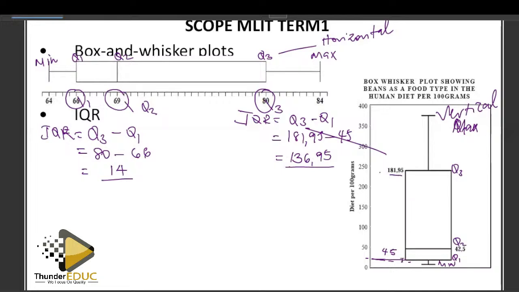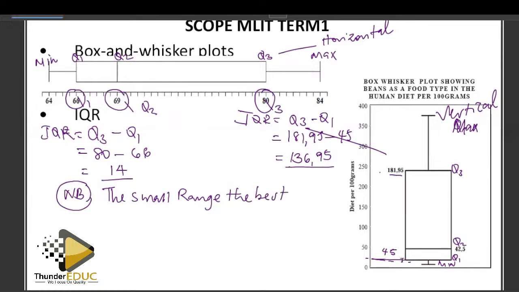All right. Then another thing that you have to know, how do you best tell which group performed better? The smaller the range, the better the result.